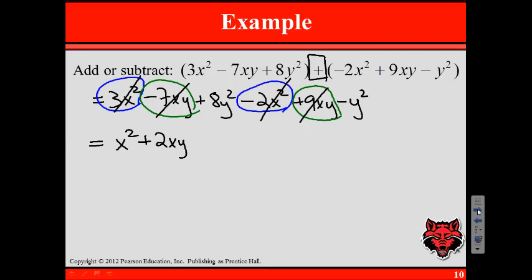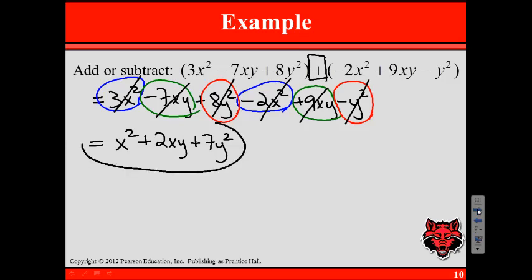Going to the next available term, we have 8y squared, and at the end we have a minus y squared, or a minus 1y squared. 8 minus 1 is 7, so that will become plus 7y squared. We've used every term in the algebraic expression, and our simplified answer will be x squared plus 2xy plus 7y squared.